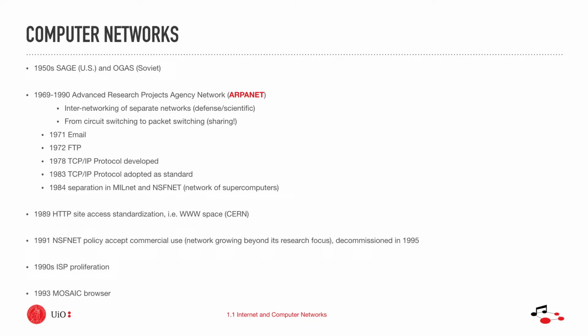Most innovations that gave us the modern internet were developed within the Advanced Research Projects Agency Network, ARPANET, for instance email, FTP, the TCP/IP protocol, and so on. The aim of ARPANET was to interconnect existing computer networks within research institutions, for instance universities, and defense agencies.